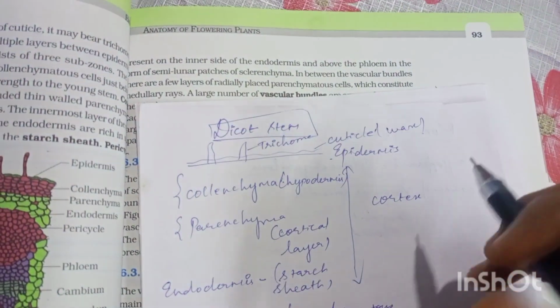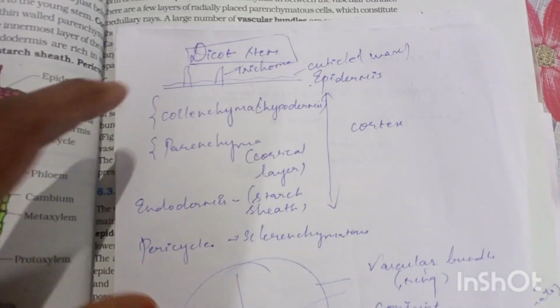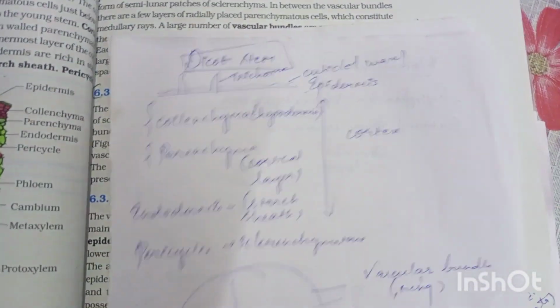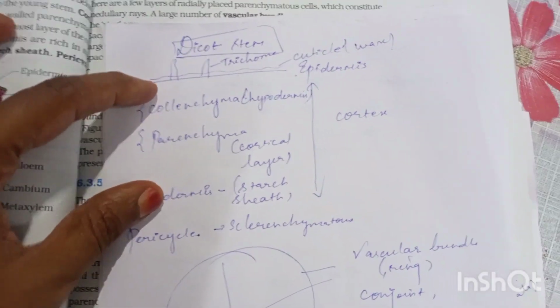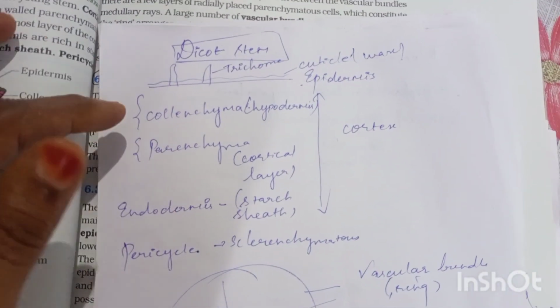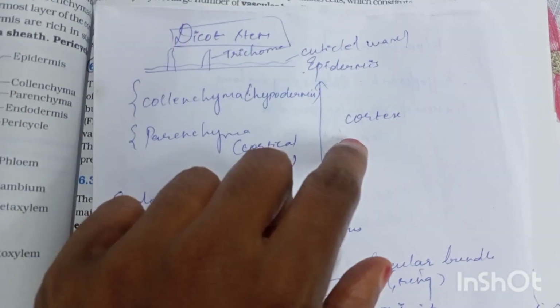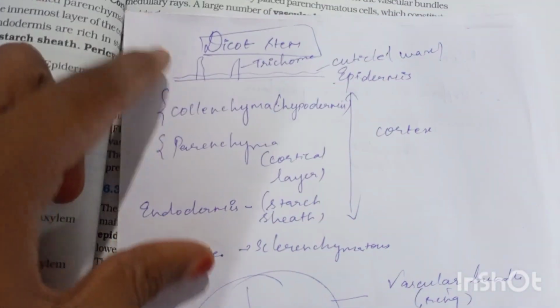it is considered a defense agent. So here the layer between epidermis and pericycle constitutes the cortex. All the layers below epidermis and above pericycle form the cortex, and the cortex here is divided into 3 sub-layers. So what are they?